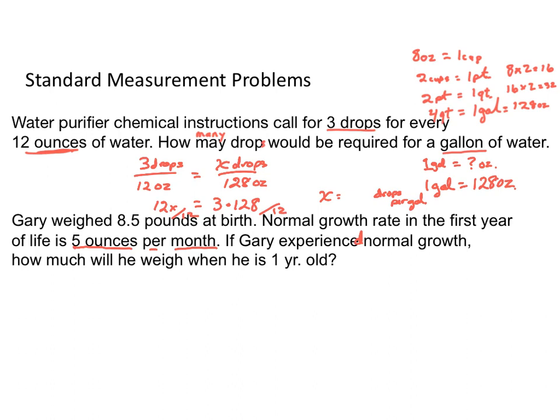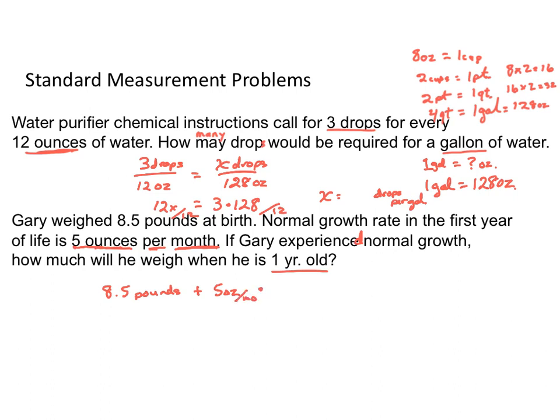Well, I think we can figure this out. We have a couple things to do here. 5 ounces per month, but he's going to be 1 year old. So we're going to start him at 8.5 pounds. He's going to increase weight by 5 ounces per month.